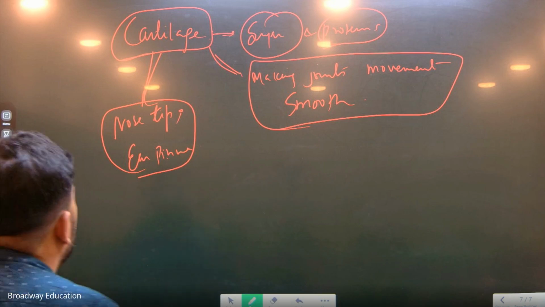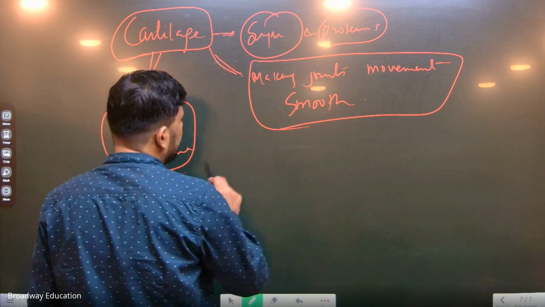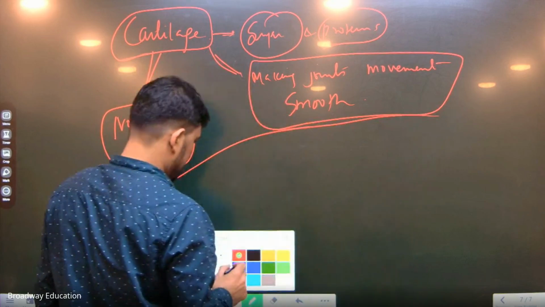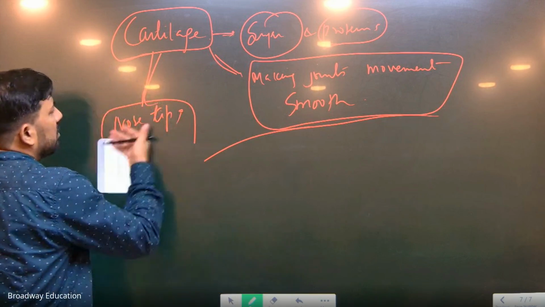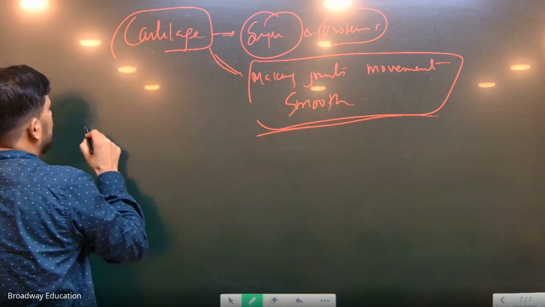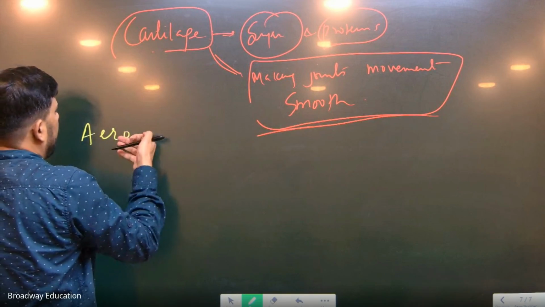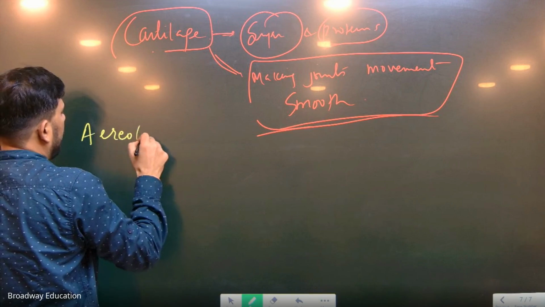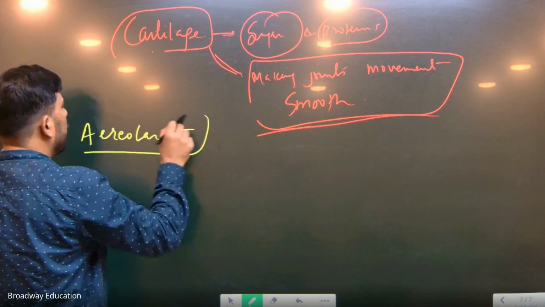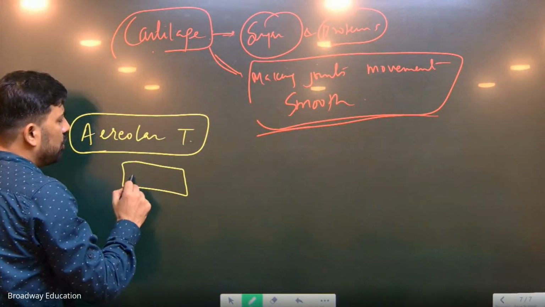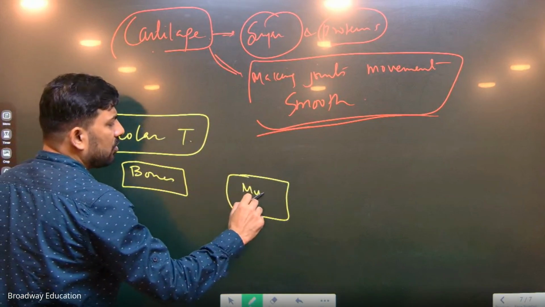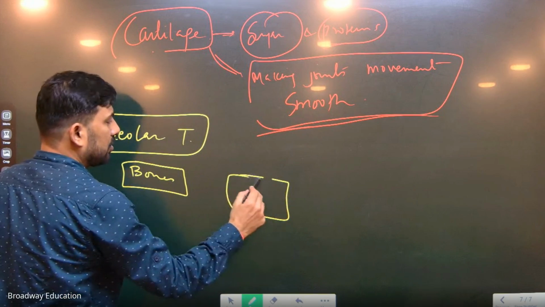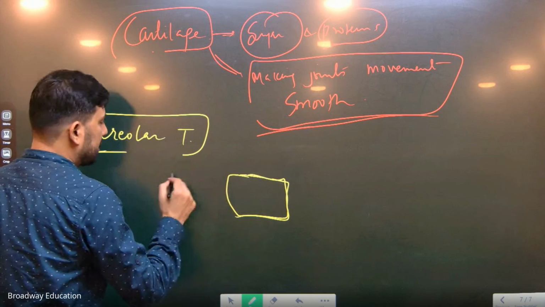Okay. Now, after this, what I discussed yesterday, friends, please tell me. The other one was the areolar tissues. So areolar tissues are basically the tissues which are found between the muscles and the skin.